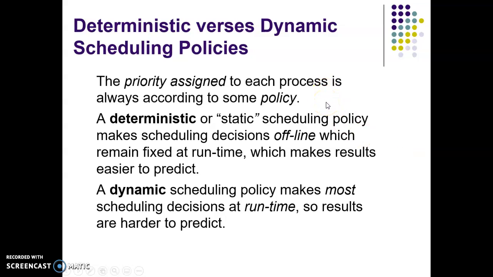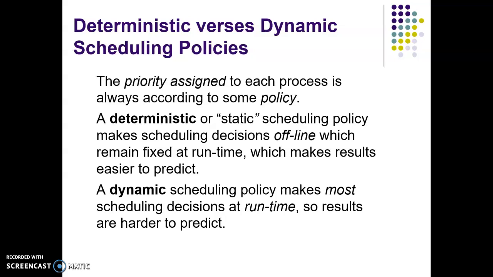Okay, let's talk about deterministic versus dynamic scheduling policies. The priority assigned to each process is always according to some policy. A deterministic or static scheduling policy makes decisions offline, and those decisions remain fixed at runtime, which makes results ultimately easier to predict.